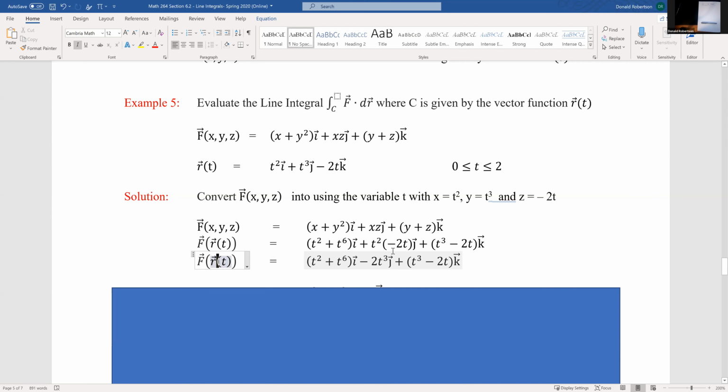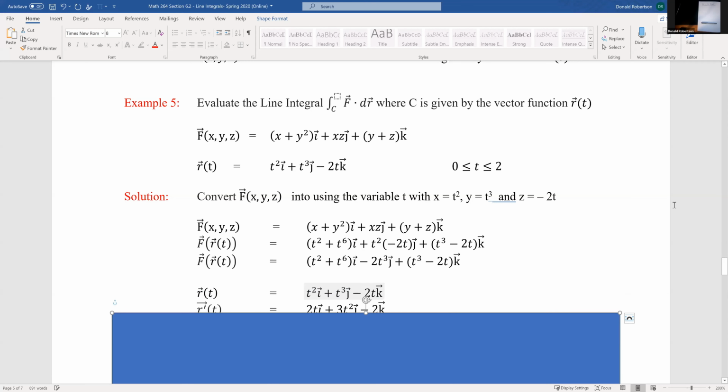Are you comfortable about how you got the x's, the y's, and the z's, and now it's in terms of t? Now, the other piece of the puzzle that we need to figure out is how to get this weird derivative. It's not dr, it's d vector r. Well, let's show you who we have. There is r.